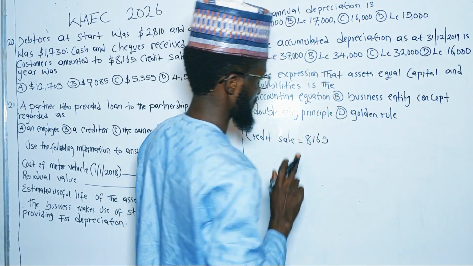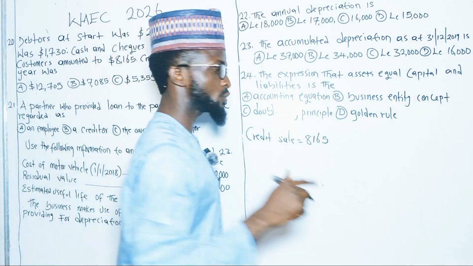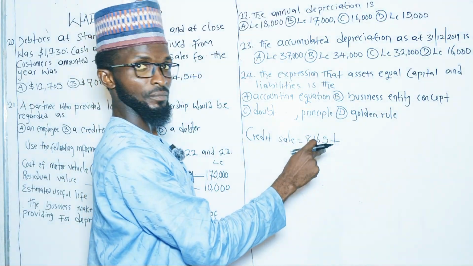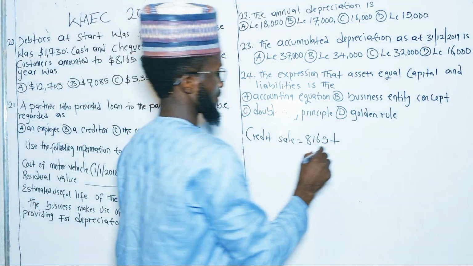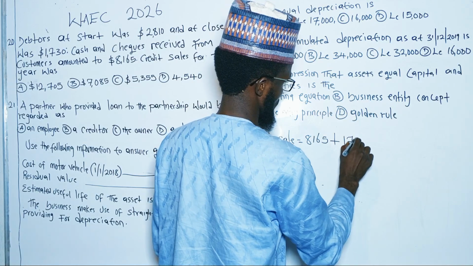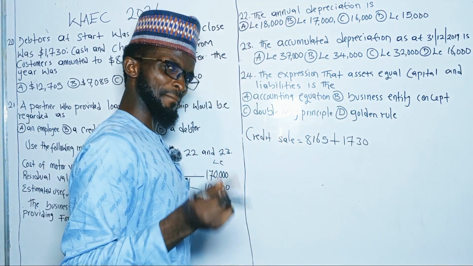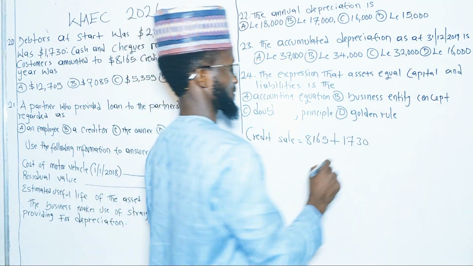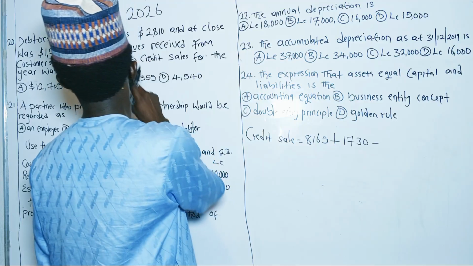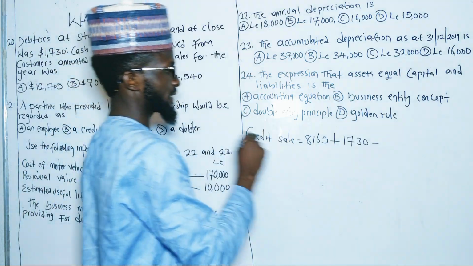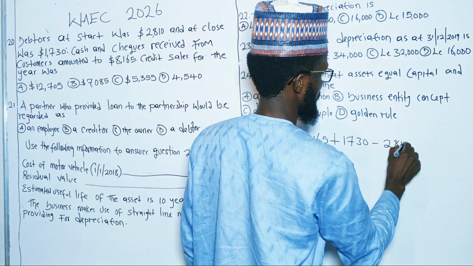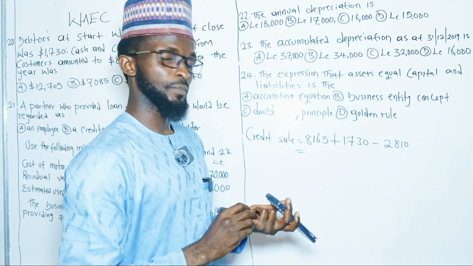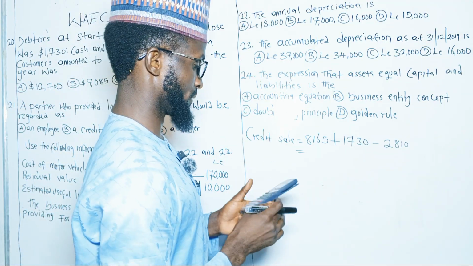Plus your closing balance of debtors, $1,730, minus the opening balance of debtors, that is $2,810. What you've got will be your credit purchase within the year.